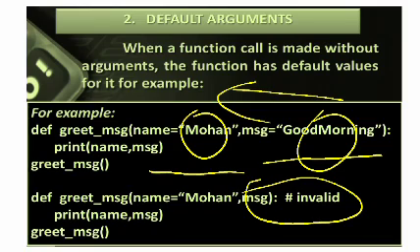In that place name should not contain a value, but the msg variable should contain a default value, and then after that the name argument can contain a default value. Next we call the function greet_msg, then the output will be the first argument name value and then print the msg value.